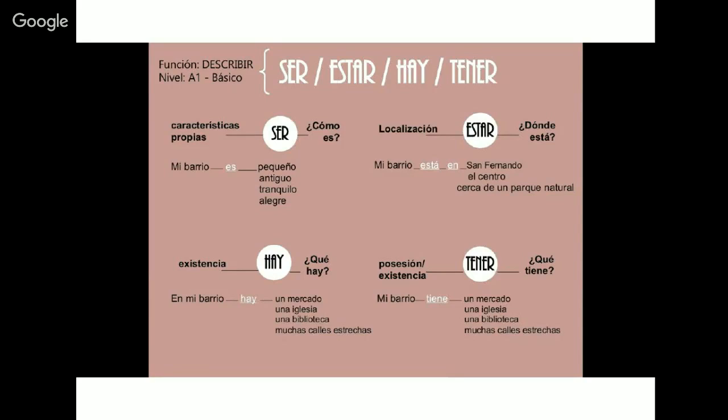Y finalmente tenemos el verbo tener. So, and finally, the verb tener. As we mentioned before, we use it for possession or existence. Por ejemplo, mi barrio tiene un mercado.